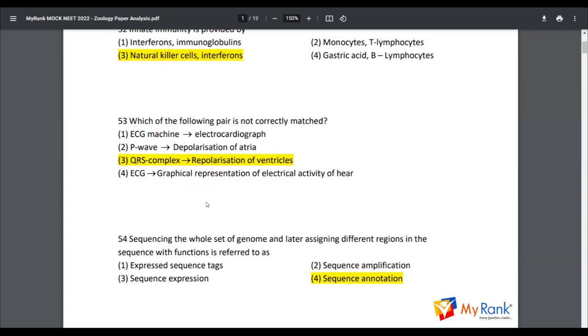So correct. Then the third option, QRS complex. QRS complex in an ECG represents the depolarization of ventricles, but the option states repolarization of ventricles, which is not correct. So amongst the options, the one which is not correctly matched is option 3. Option 4 states that ECG is a graphical representation of electrical activity of the heart, which is correct.